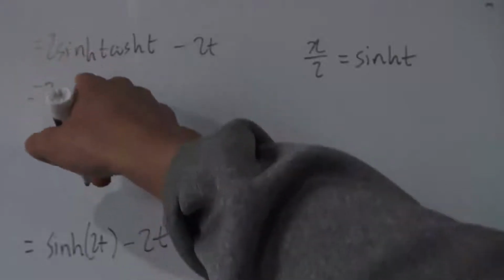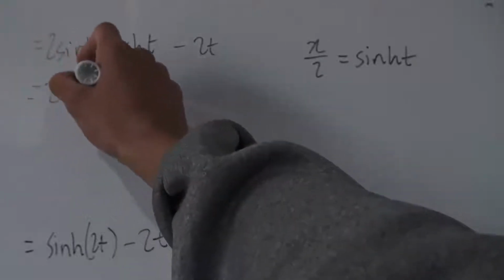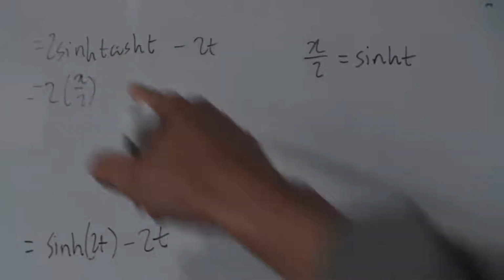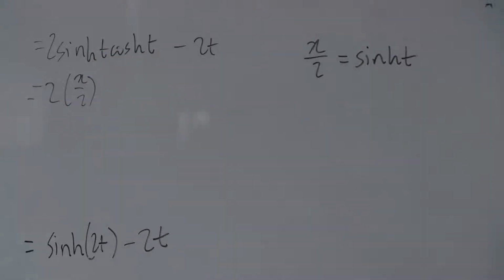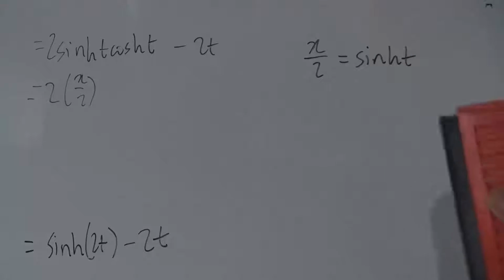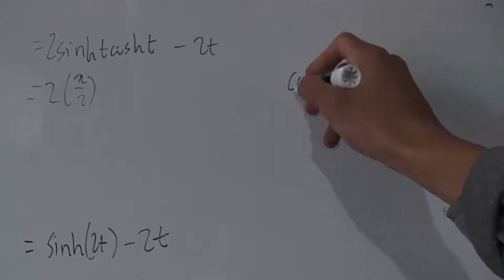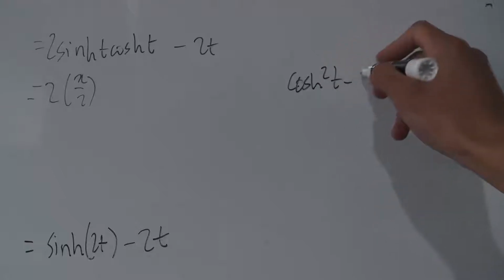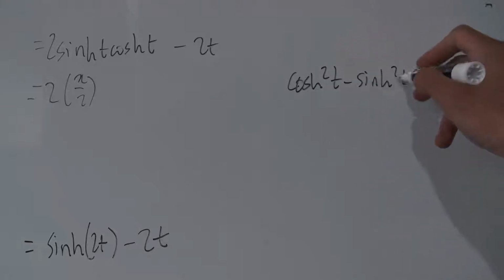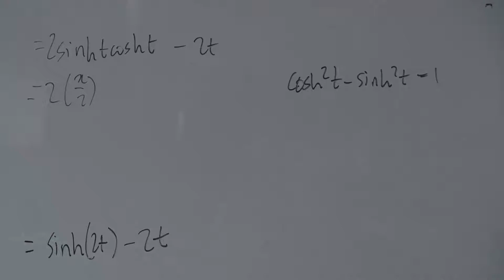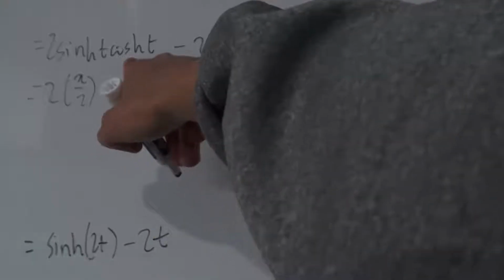So we have 2 times x on 2. But we want to figure out what cosh of t is. And to do that, we can just use some identities to solve it. So if you remember back, I said that cosh squared of t minus sinh squared of t, that's just 1. So we want to get cosh somehow in terms of sinh.